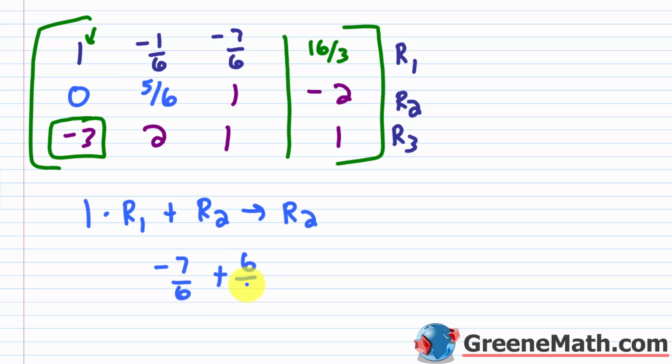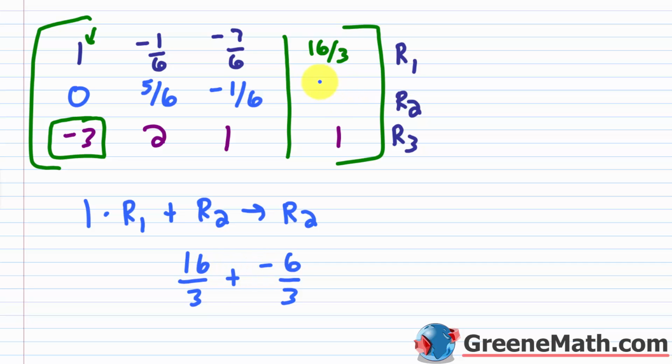I'm going to write it as 6/6. -7 plus 6 is going to be -1, so this would be -1/6. And then lastly, you would have 16/3 plus -2. So 16/3 plus negative 6/3. 16 minus 6 is 10, so this is 10/3. Okay, so that's taken care of.